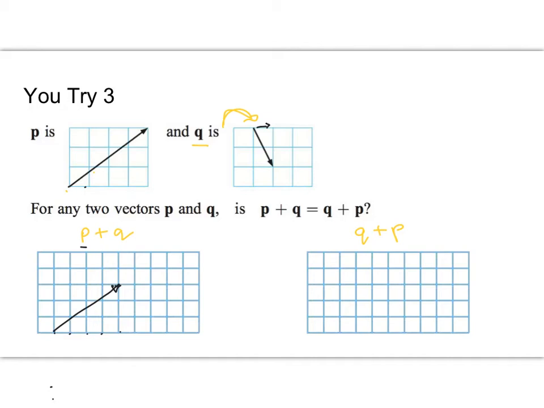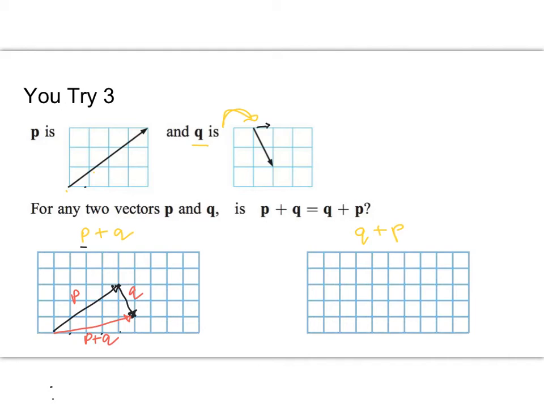So that's going to end here. All right, and then my resultant vector is here. This is p plus q. This is p, this is q. All right, pretty unremarkable.